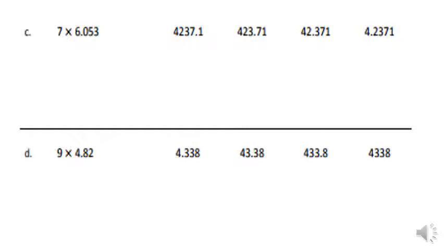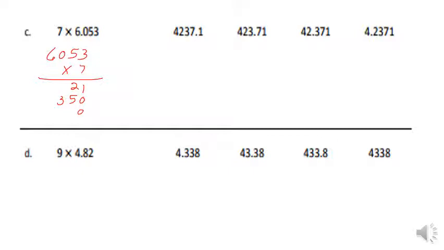Okay, for problem C, we have 7 6 and 53 thousandths. Once again, we're going to eliminate the decimal just to find out what digits are going to be in the answer. We're going to multiply that by 7. And I know 7 times 3 is 21. 7 times 5 is 35 plus a 0, so it'll be 350.